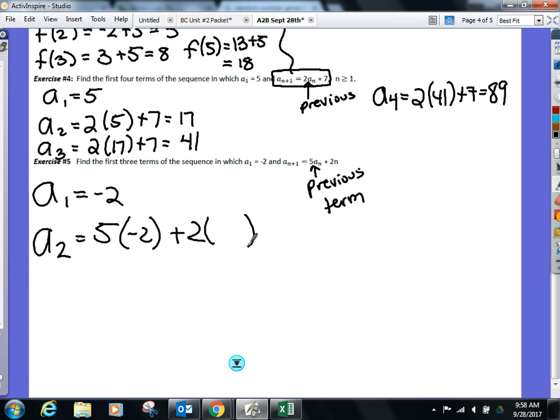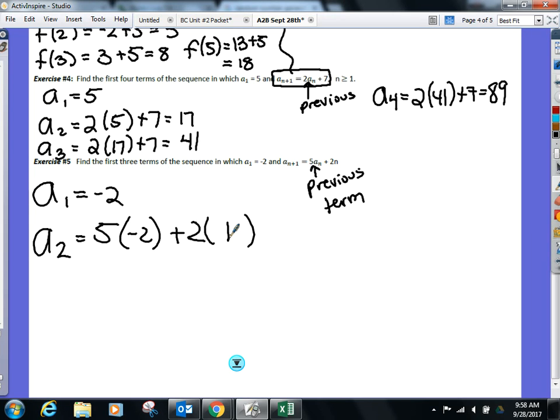Okay, let me do that again. We're on the second term, everybody, right? This one right here, a sub n, represents the previous term. If we're on the second term, that would have represented the first term. So what number would have been plugged in for that subscript to give me the first term? 1. So that's why that's going to be 1.